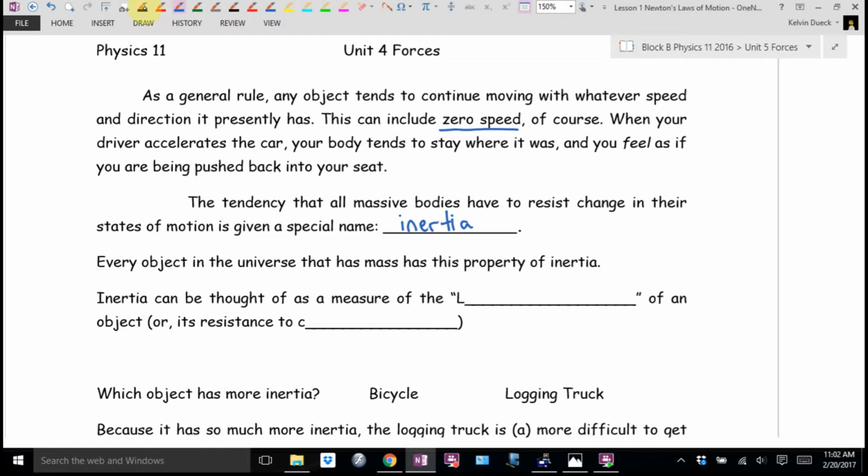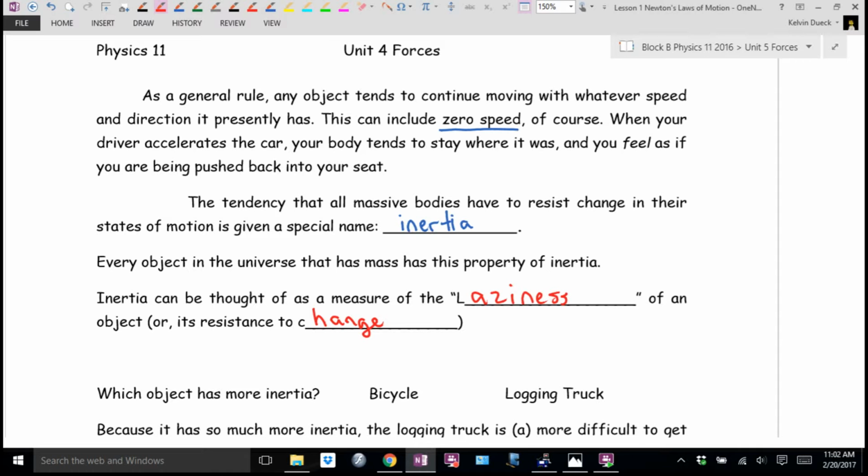You can kind of think of inertia as the laziness of an object or its resistance to change. The more inertia an object has, the larger a force you have to apply to get it to change its motion state.